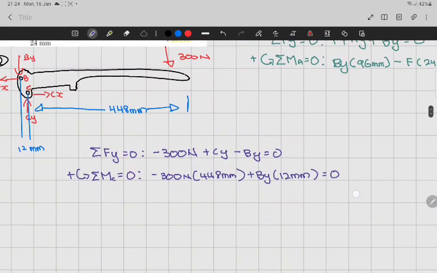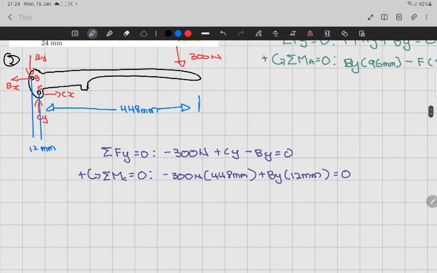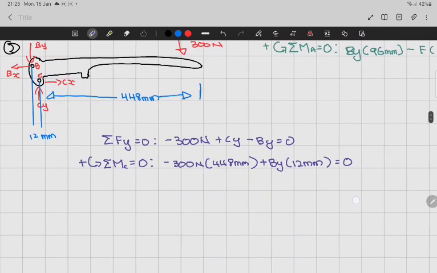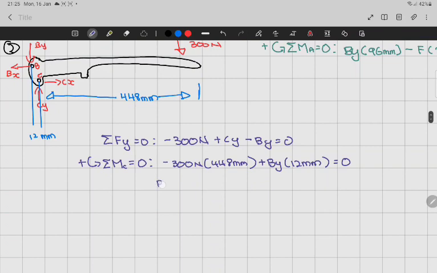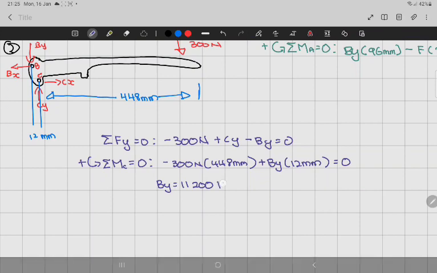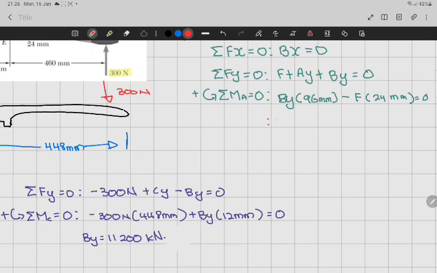So let's take out our calculator and do the calculation. By is equal to 11,200 kilonewton.